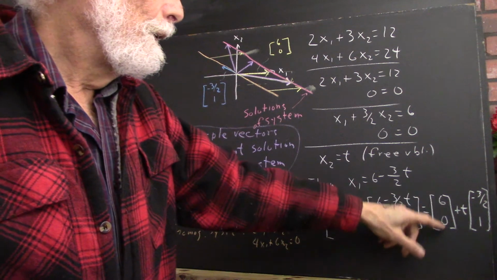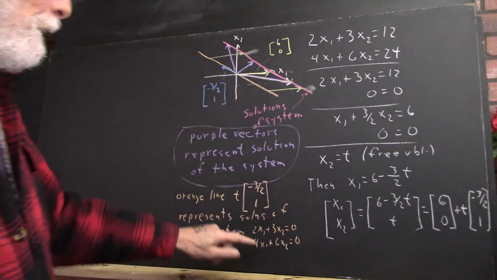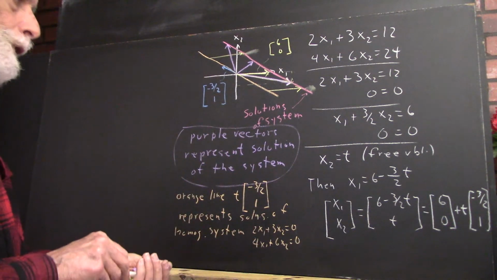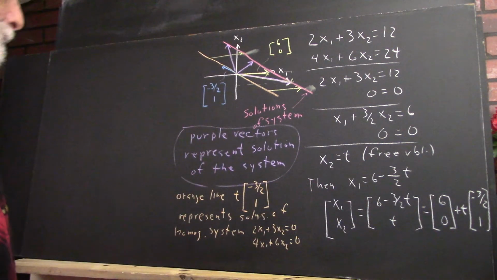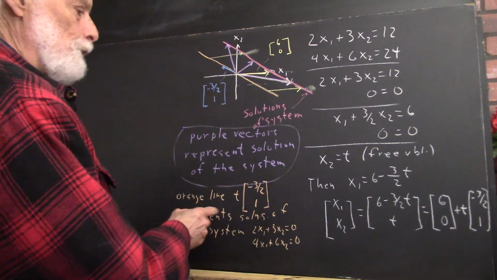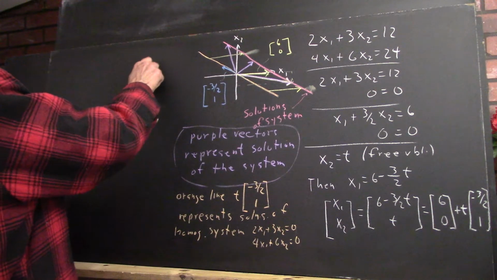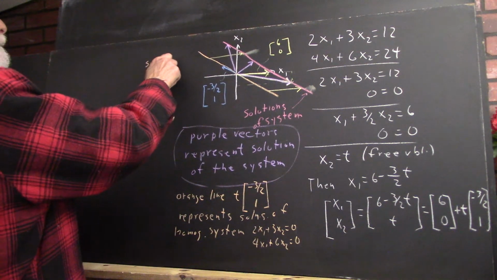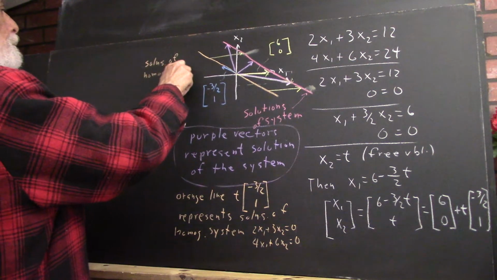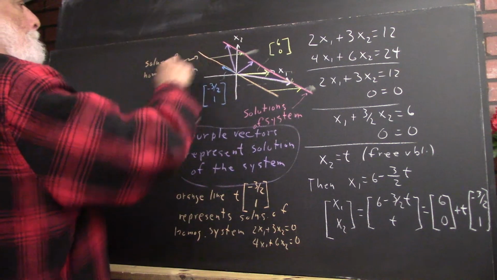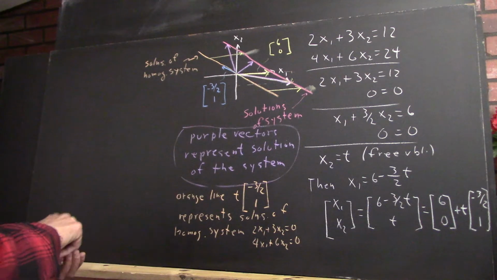Meaning that this vector is the vector 0, 0 instead of 6, 0 if we're doing the homogeneous system, so that we just have t times negative 3/2 1. So this is the solution to the homogeneous system. So there are our solutions to the homogeneous system.